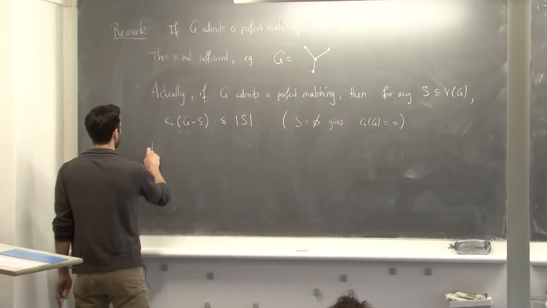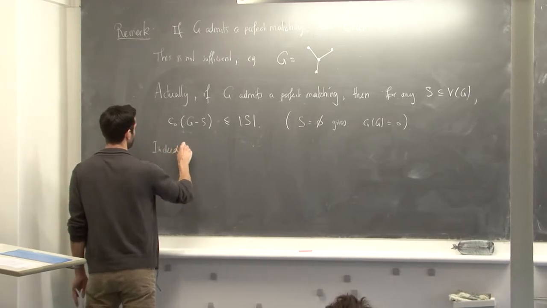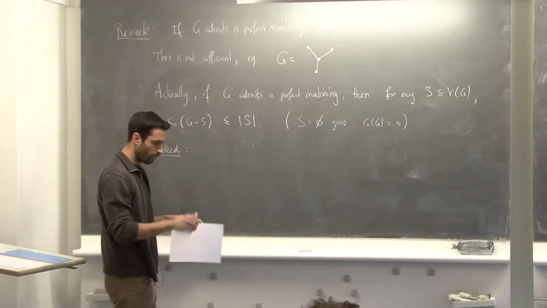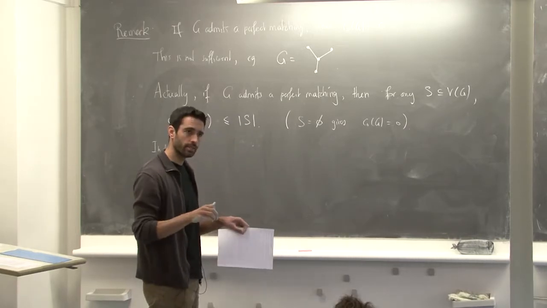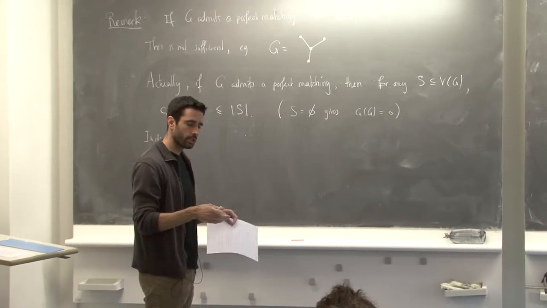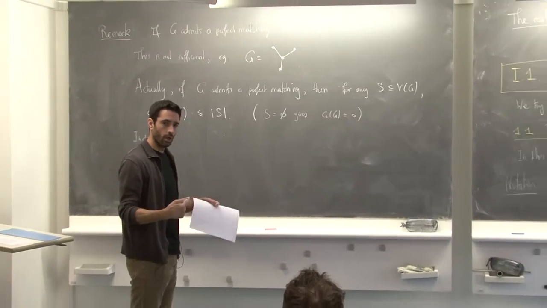So do you understand why this is true? You remove this set of vertices with adjacent edges, and you have these matchings.